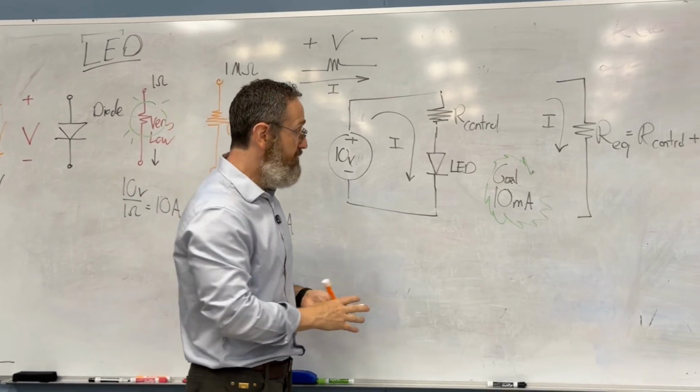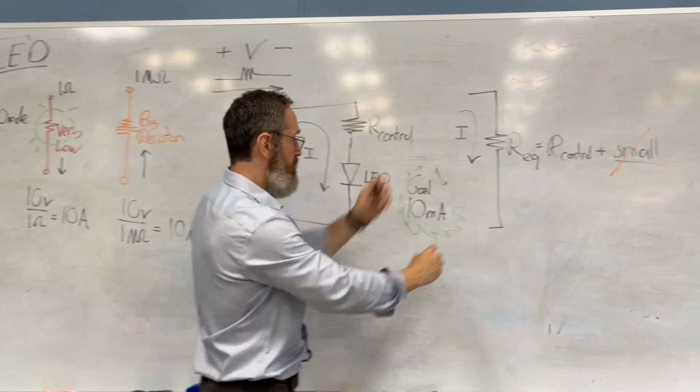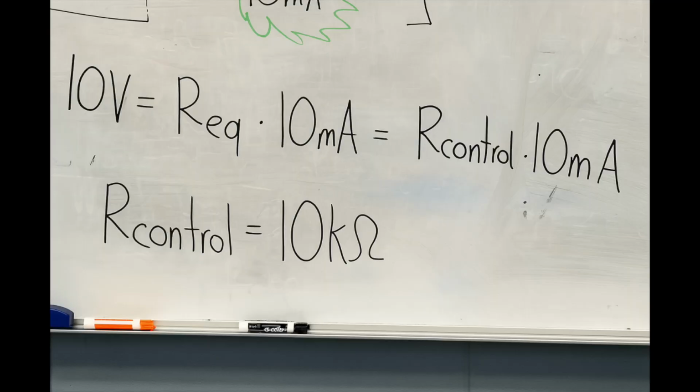And now we have all the information we need because we can write Ohm's law for the R equivalent. So Ohm's law says 10 volts is going to equal R equivalent times, and our goal here is 10 milliamps, so I'm going to insert that here, 10 milliamps, but this is equal to R control times 10 milliamps.